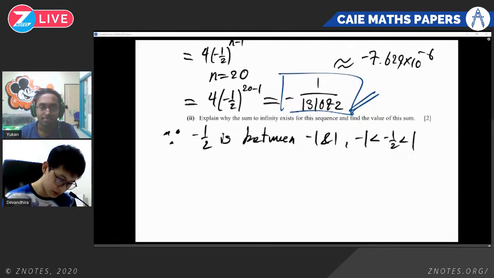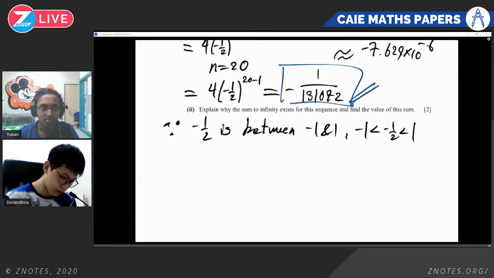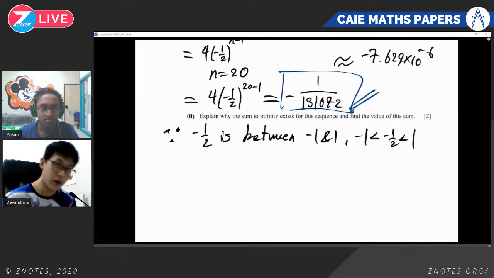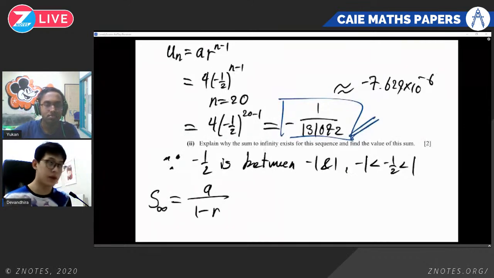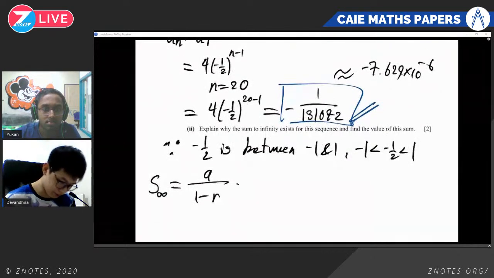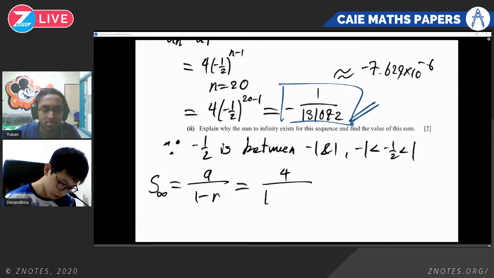And find the value of the sum. So the formula to find the value of sum to infinity is S of infinity, a over 1 minus r, where a is just the first term and r is the common ratio. So let's put that in. Our a is 4, 1 minus negative 1 over 2.